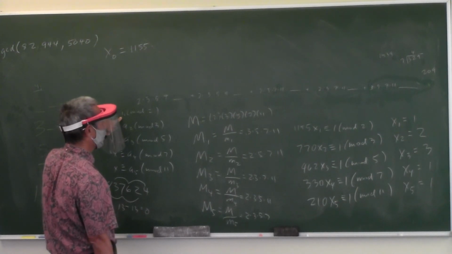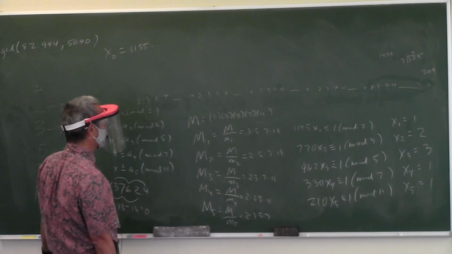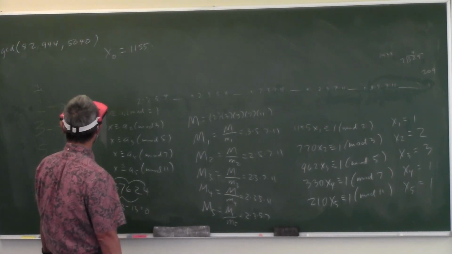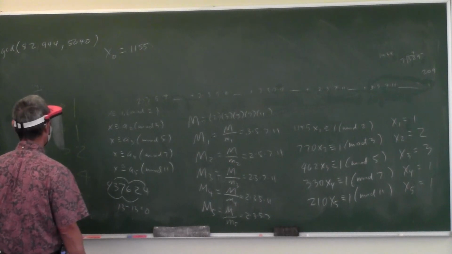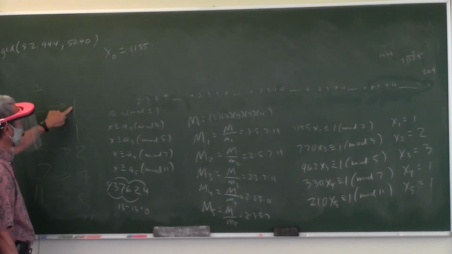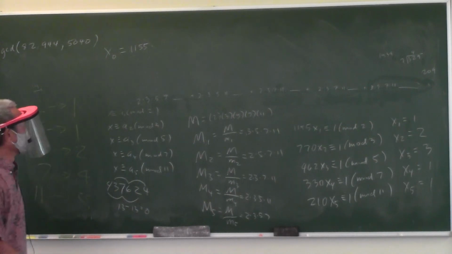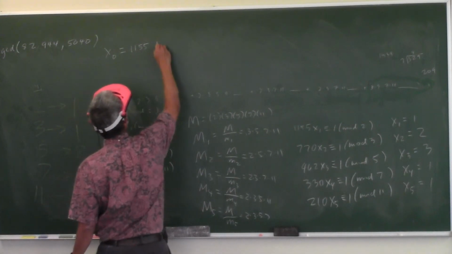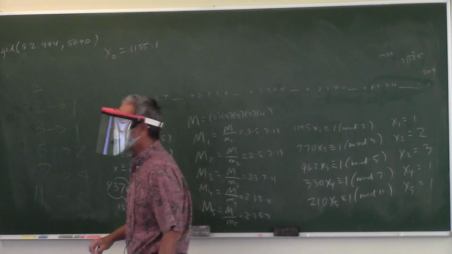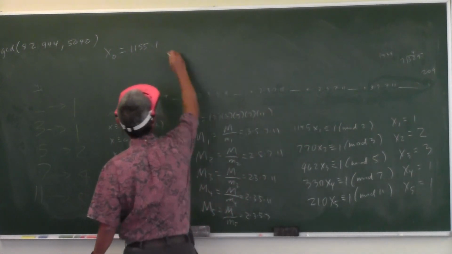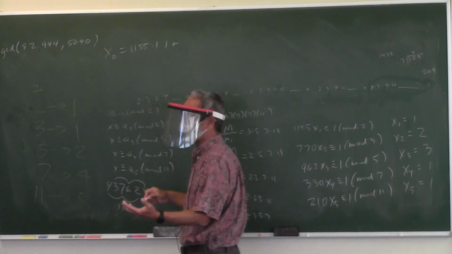It's the second column, to your left. 1, 1, 2, 4, 5. Oh, these are the a's? Yeah. Okay. 1155 times 1 times x1, which is 1. Plus, and you just keep doing this.